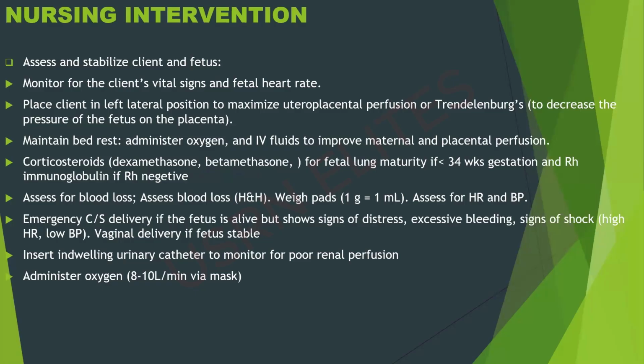Preeclampsia results from the uterus, the placenta. The placenta is attached to the wall of the uterus. So if there's inadequate blood supply to the uterus, the cells are going to die.